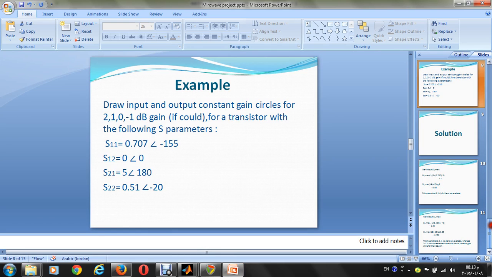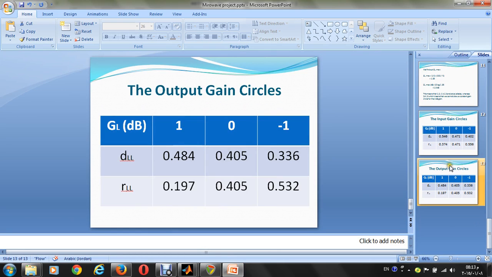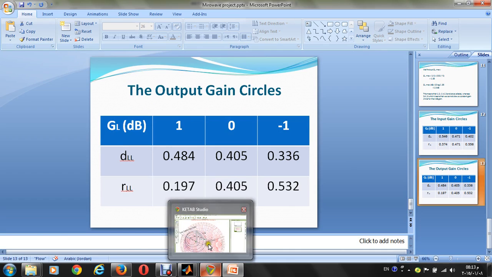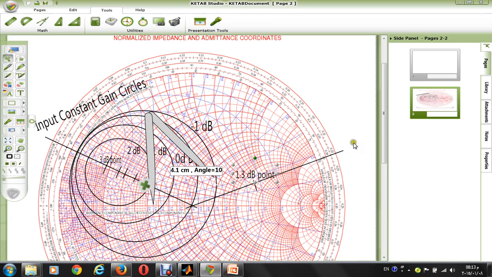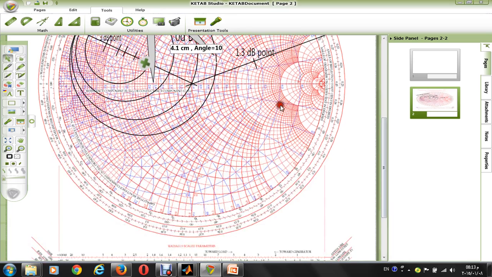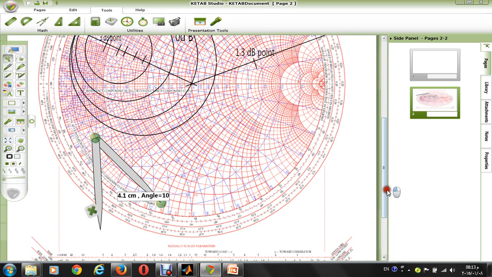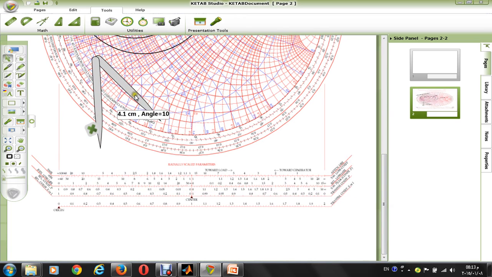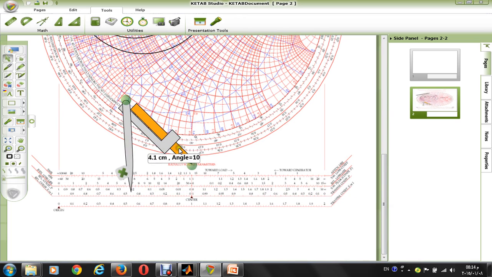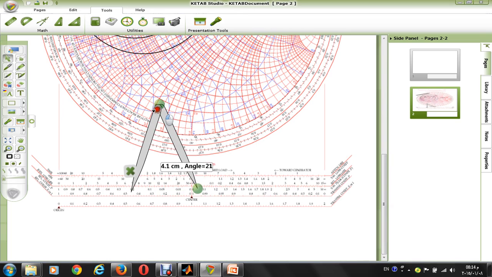I go back to the table I designed from the calculator, and the distance is, for the 1 dB, it is 0.484. So, I go to ketab, to the reflection coefficient. Things are becoming easy now, because it's all repeated. No pencil needed. 0.484, 0.48, it is here.